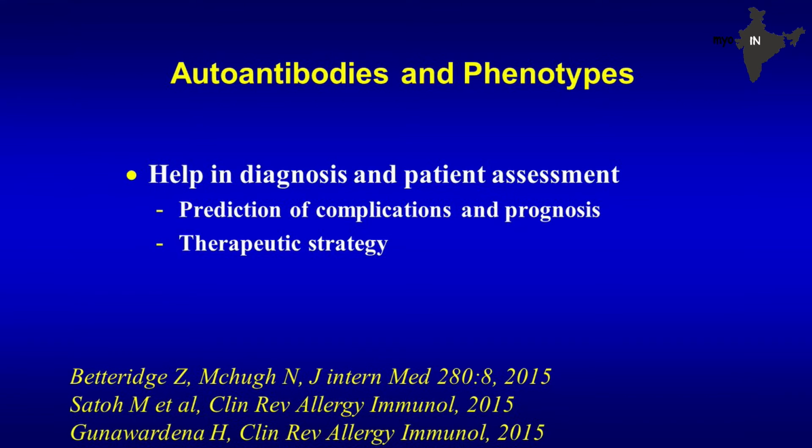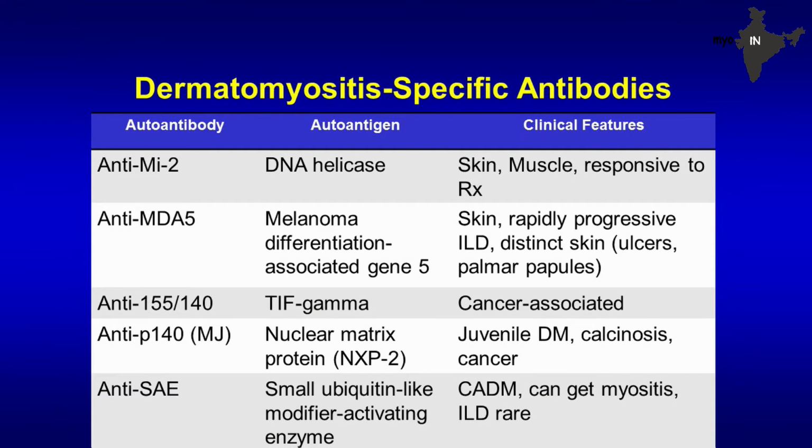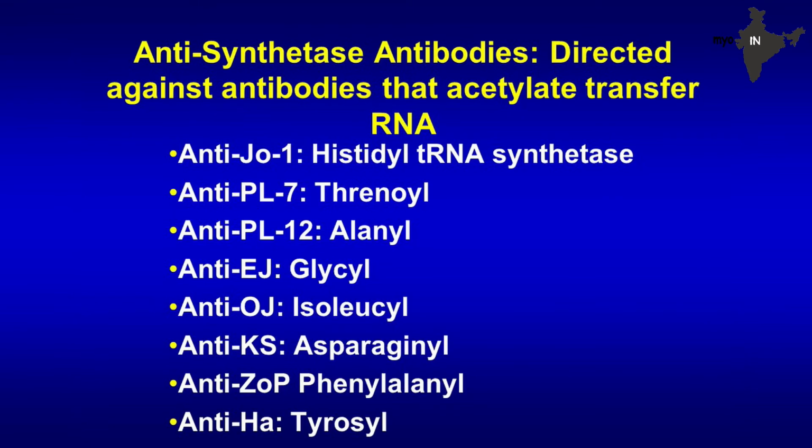We do think that autoantibodies can be helpful in diagnosis and patient assessment, prediction of complications and prognosis, as well as potentially developing a therapeutic strategy. We've reviewed these antibodies, but I want to emphasize that there are also anti-synthetase antibodies that can be seen in association with mechanic's hands, as well as other features of dermatomyositis.